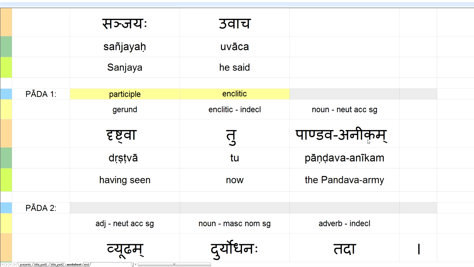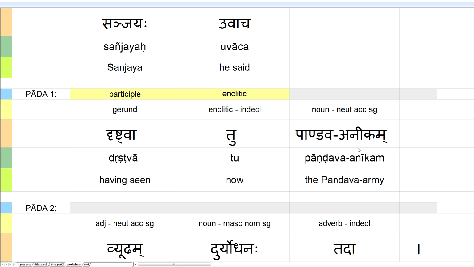So what is it an object of? What verb or what participle or what preposition is acting as the controller or the determiner of that accusative?